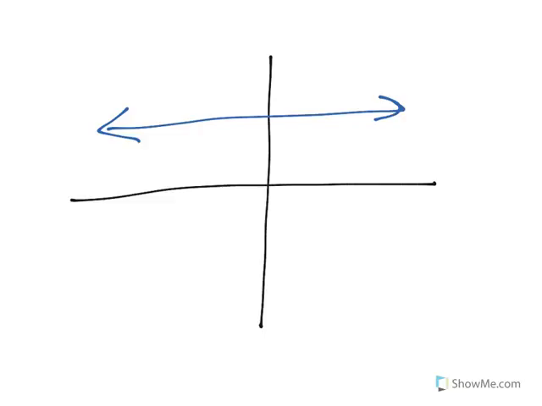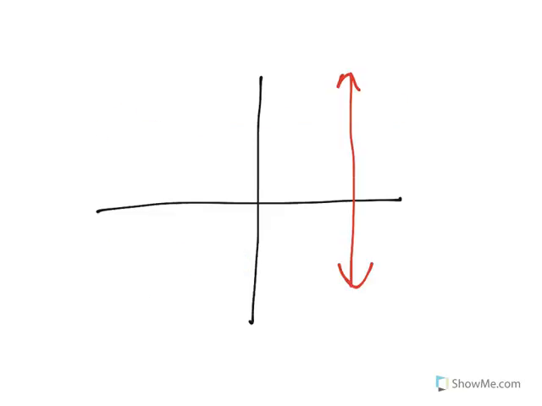If our line is a horizontal line, it has a slope of 0. If our line is vertical, it has an undefined slope.